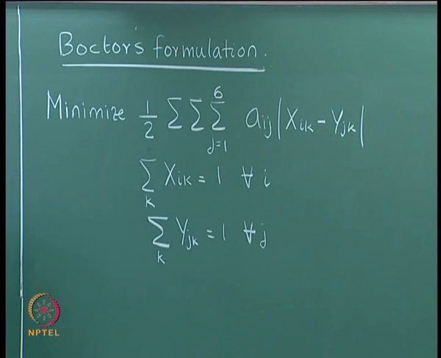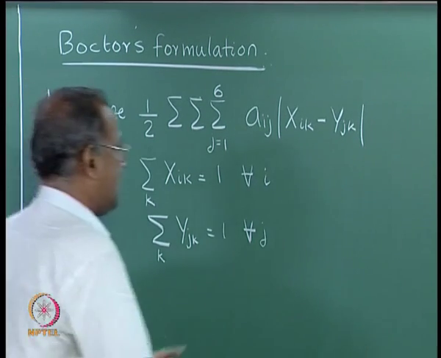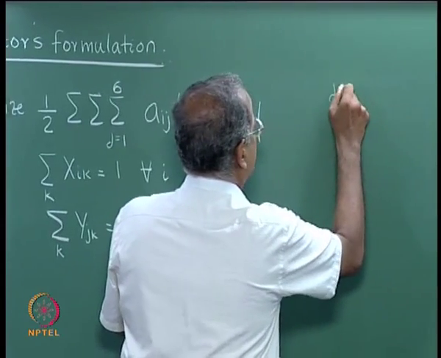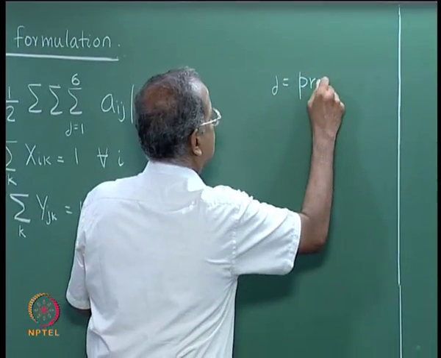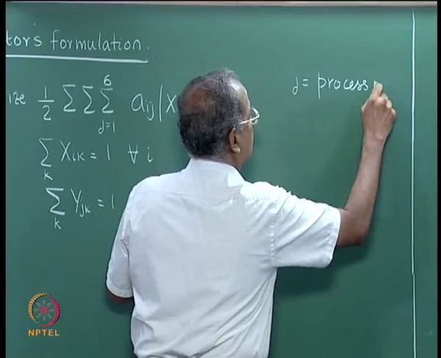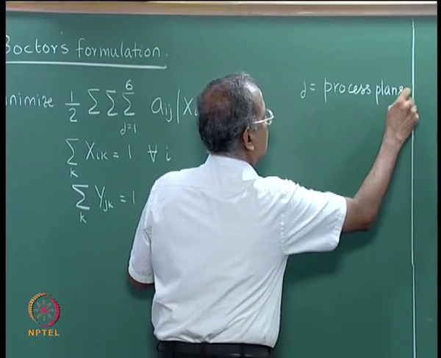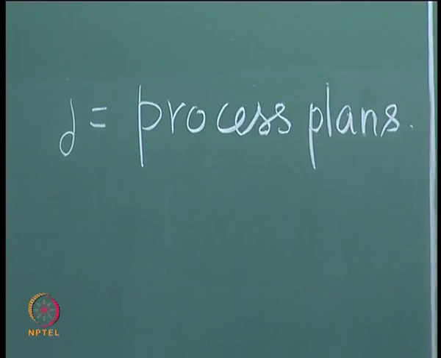Each process plan goes to only one group. Here j does not represent parts, j represents process plans. So, each process plan will go to only one group.